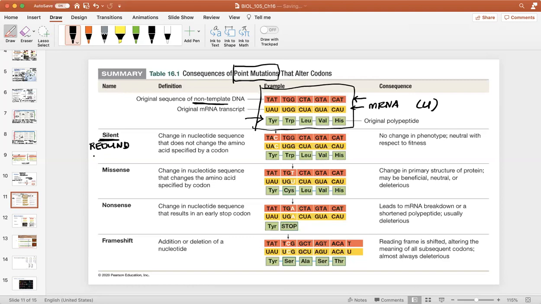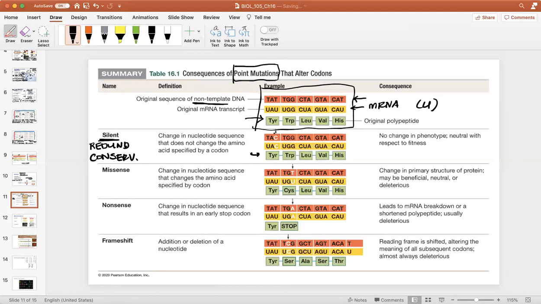And I said it was conservative. What I mean by that is the first two letters of any codon typically code for the same amino acid. There's wobble in the third letter.